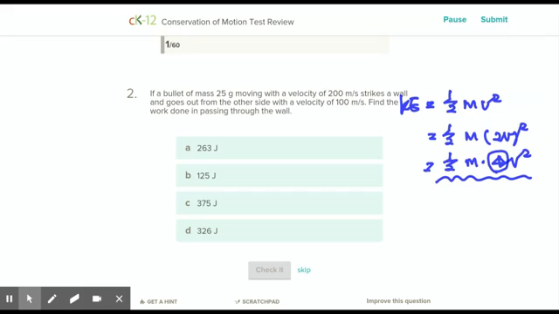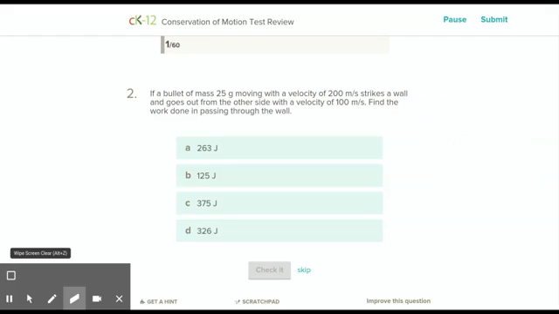Okay, question number 2. If a bullet of mass 25g moving with a velocity of 200 meters per second strikes a wall and goes out from the other side with a velocity of 100 meters per second, find the work done in passing through the wall.